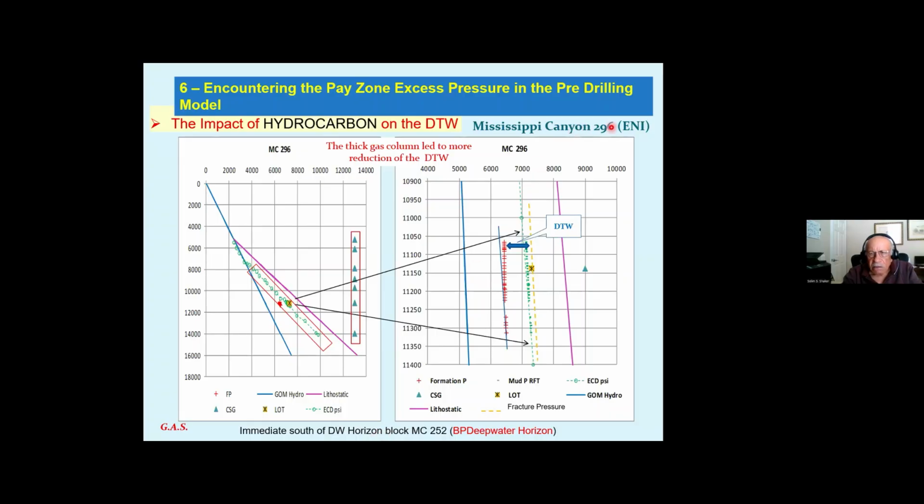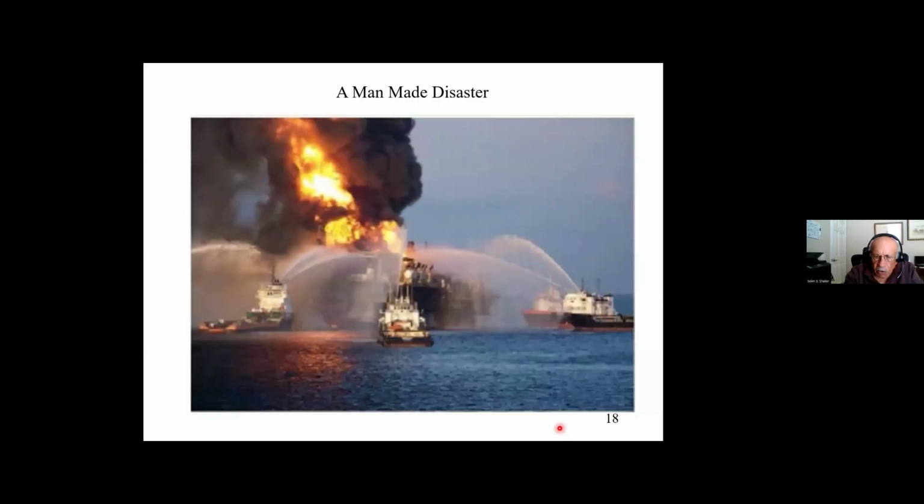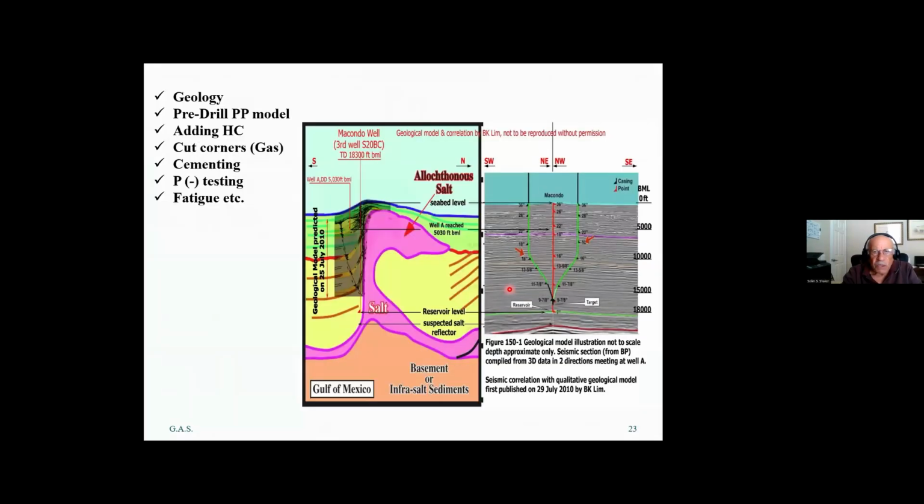This well is about 3 miles south of the Deepwater Horizon prospect. And whoever did it, nobody looked at it. So here is the Deepwater Horizon. What happened to it? Nobody knows.